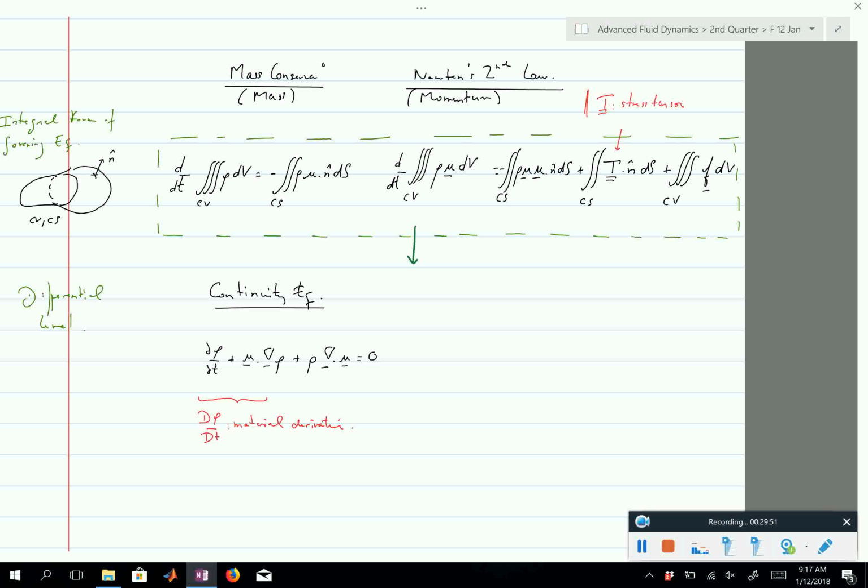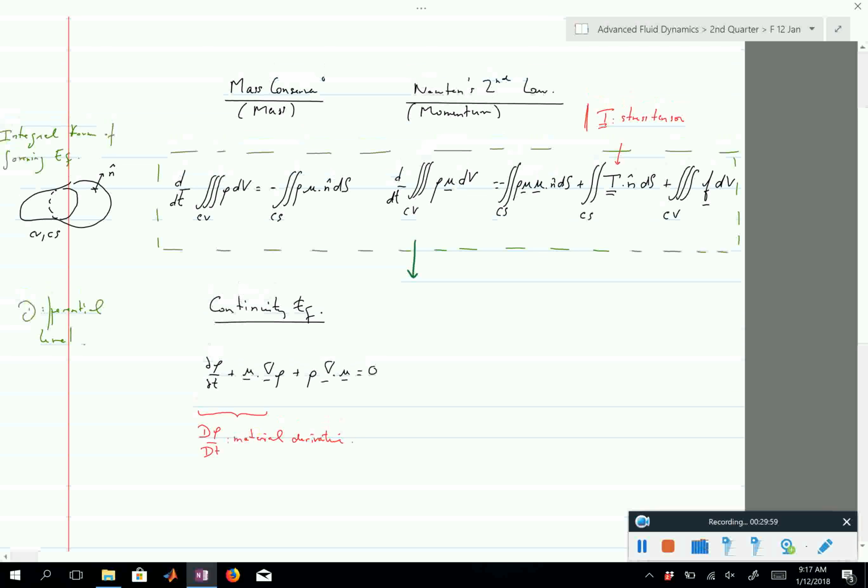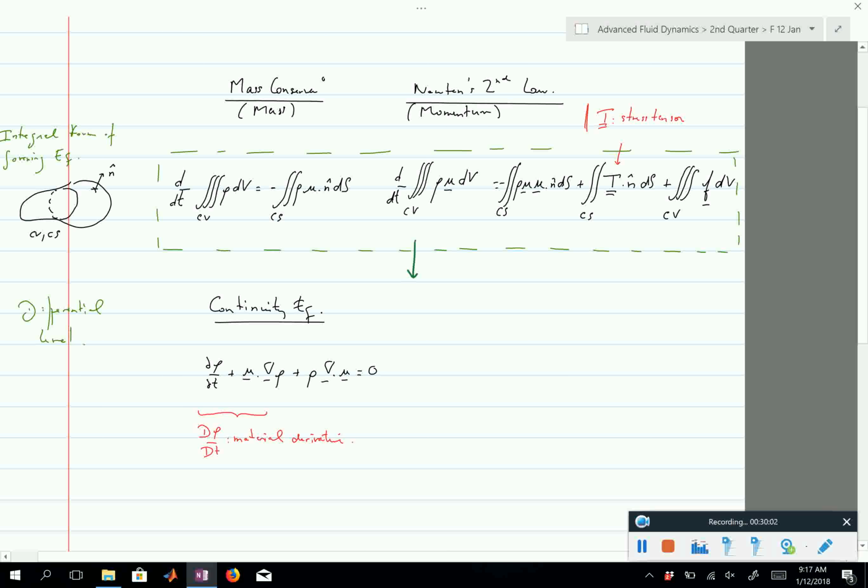How do you represent every single moving point in a fluid? This is analytically impossible. So the way is to use the material derivative, which represents the time changes of a material element, so an element which follows the flow, but using our Eulerian coordinate system of independent variables x, y, z, and t.